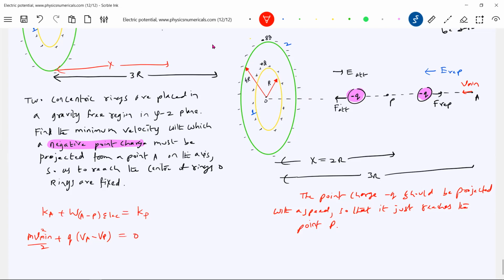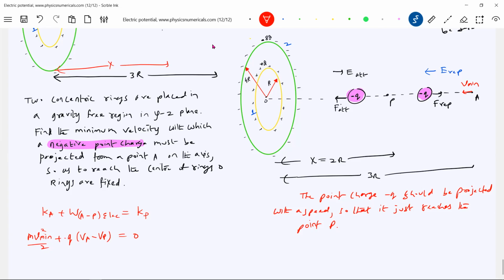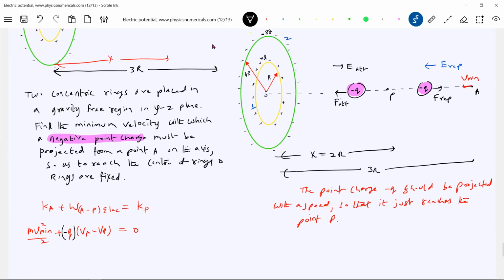Finally, this should be equal to 0. Potential at A minus potential at P. And as it is a negative charge particle, let me introduce that sign here.